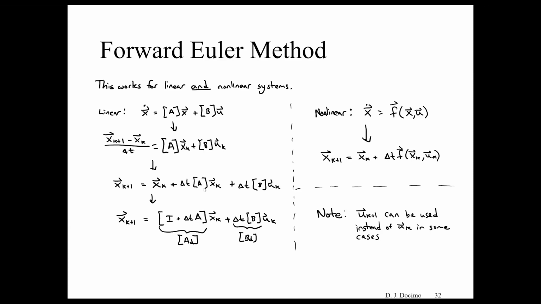Now we can group these together, and that'll give us our discrete A matrix, or discrete state matrix, and our discrete B matrix, which is just delta t times B. Now for a nonlinear system, we can do the same thing. We would have the same exact process to end up with x of k plus 1 is equal to x of k plus delta t times that nonlinear function evaluated at that time index. And note that you could actually use u of k plus 1 here or here instead of u of k if you wanted to. And that is useful for some cases.